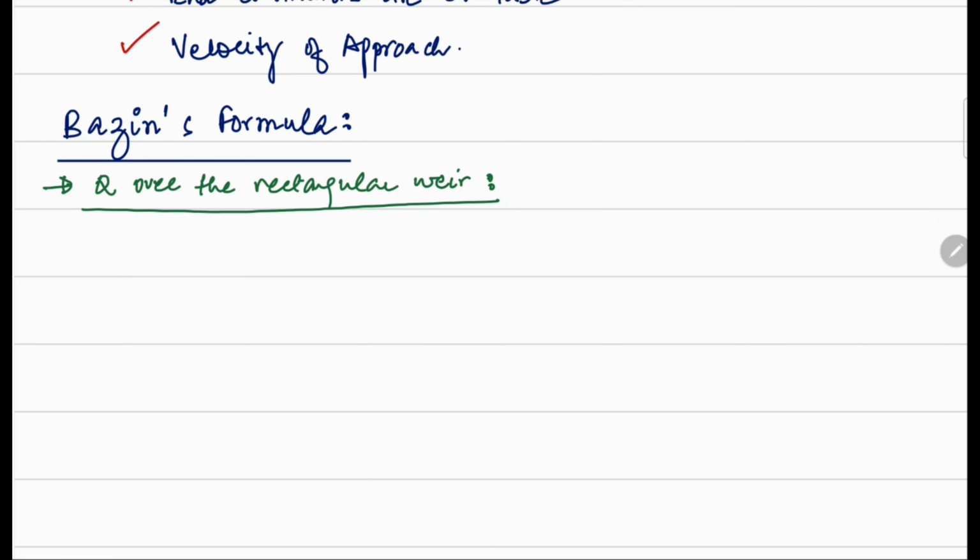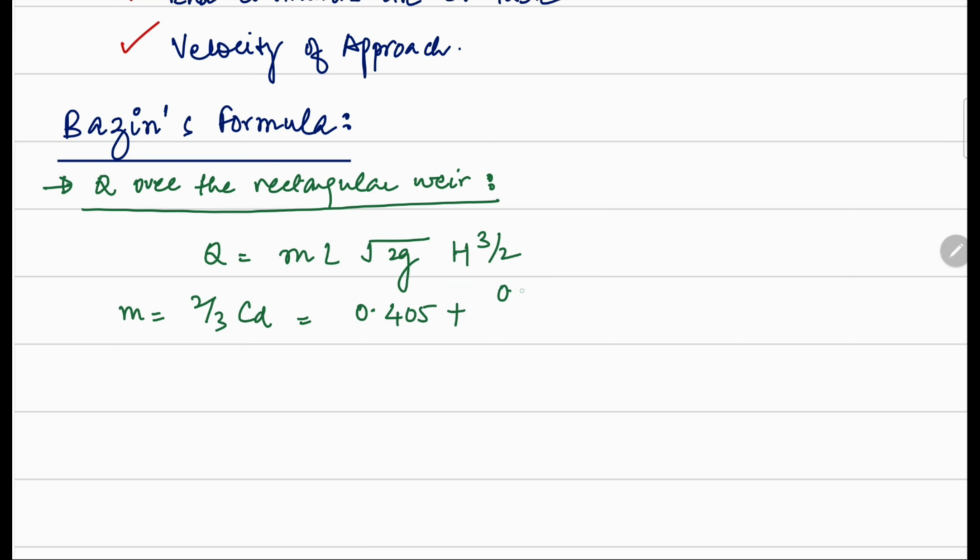So what he proposed is that Q equals m L multiplied by under root 2g, H raised to the power 3 by 2, where m is a constant which is written as 2 by 3 CD, and that is equal to 0.405 plus 0.003 over h.